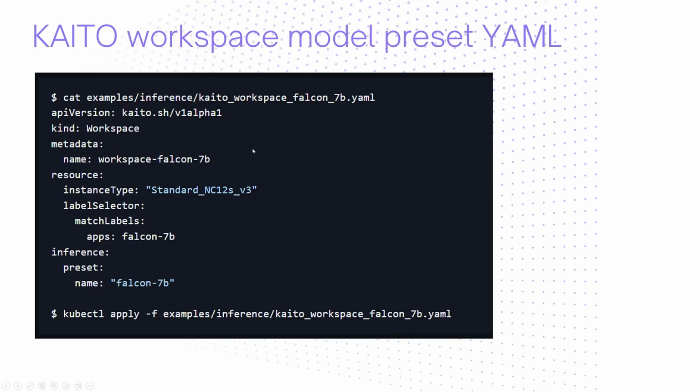Once Kaito is set up, you can kickstart deployment of one of those LLMs onto a user node pool with a particular VM SKU or instance type. So what we have here is a YAML file we call a model preset, of kind workspace.